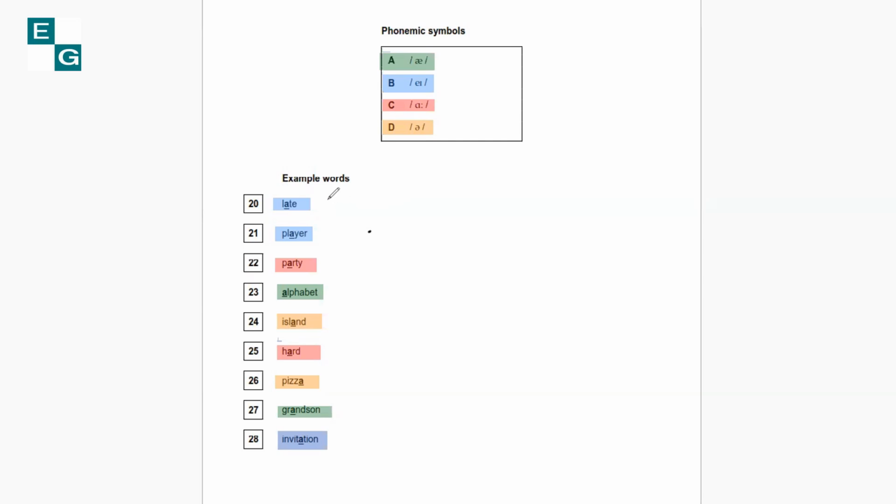Numbers 20 and 21, we are going to say the answer is B. Number 22, C. Number 23, A. Number 24 is going to be D. 25, C. 26, A. 27, B. Probably this is going to explain better so you can understand better.